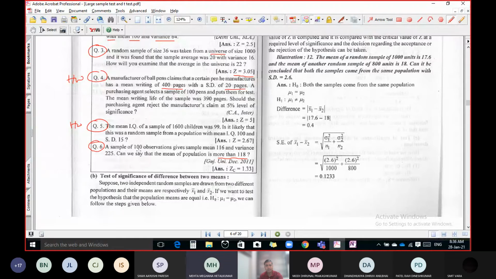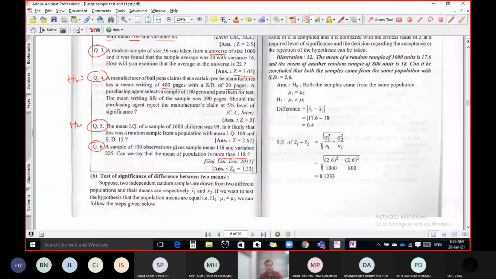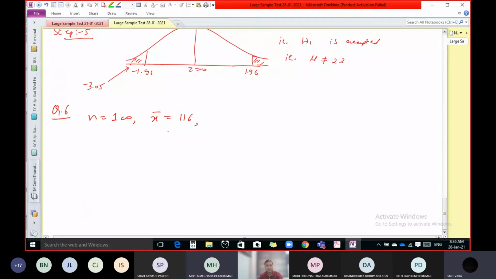N. And sample mean is 116, so it is our x bar. So N is 100, x bar is 116. Variance 225. What is it? Sigma square or S square? S square. S square is 225. So S equal to 15, the square root of that.